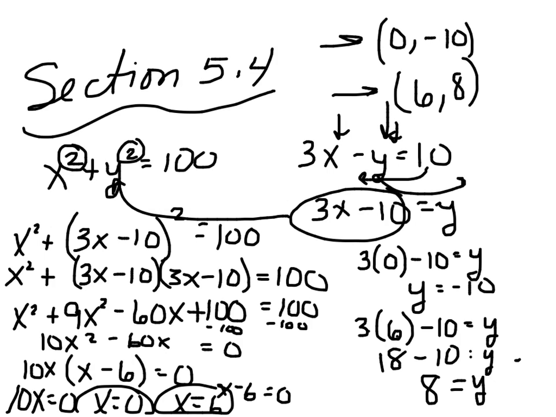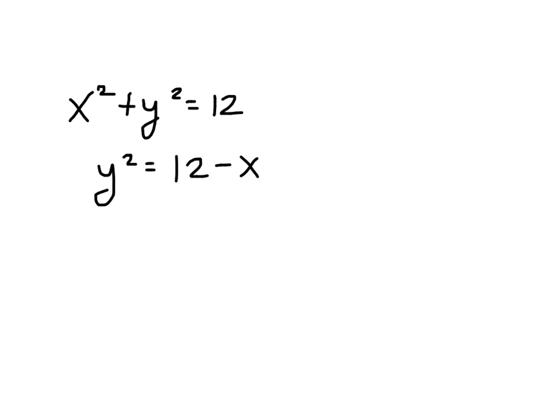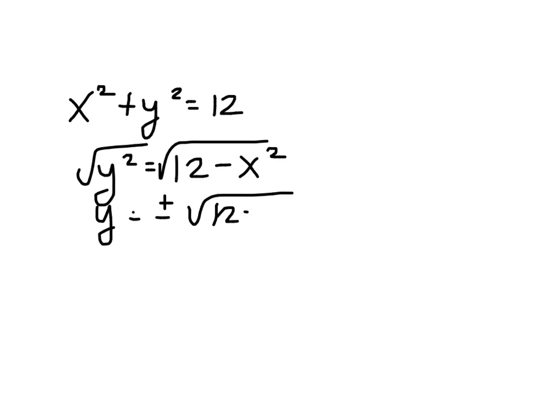Graphing, when you're setting it equal to y, make sure that if you're having to square root to get rid of the y, that you put in both the plus and the minus. So for instance, if you had x squared plus y squared equals 12 as one of your graphs, when you subtract x squared over and square root it, remember you get y equals plus or minus the square root of 12 minus x squared.